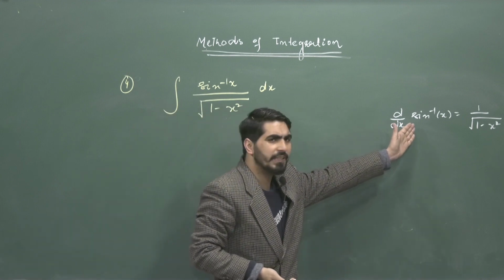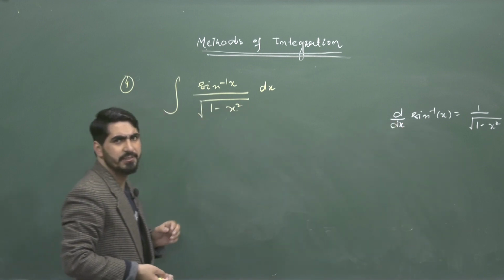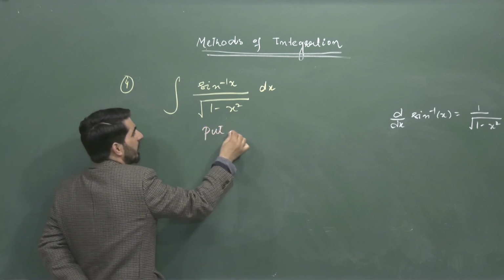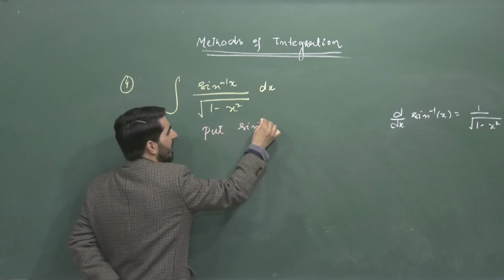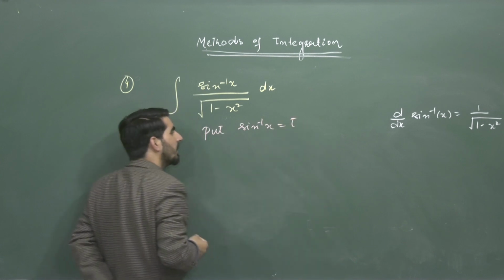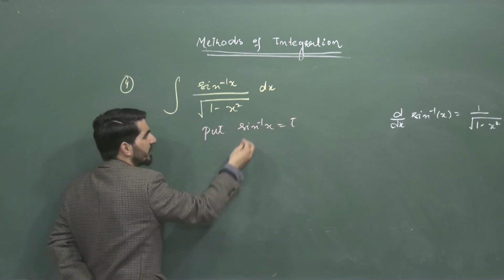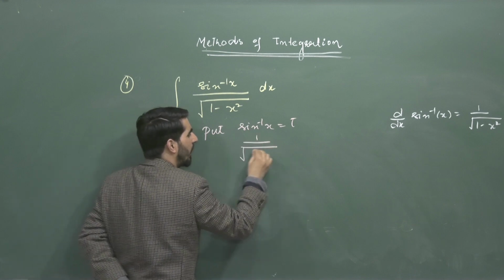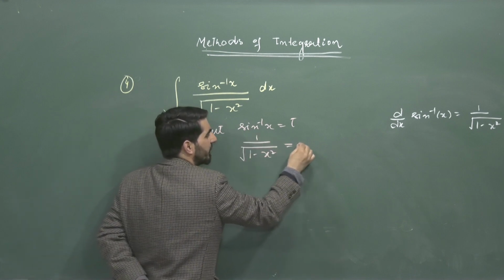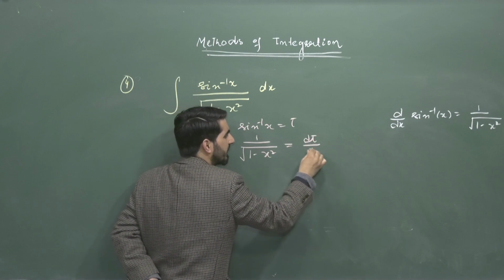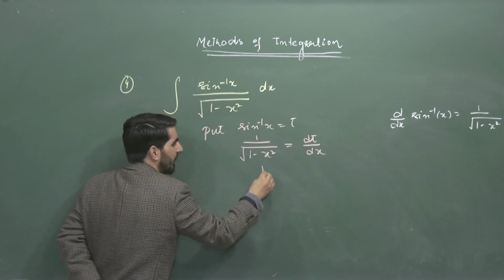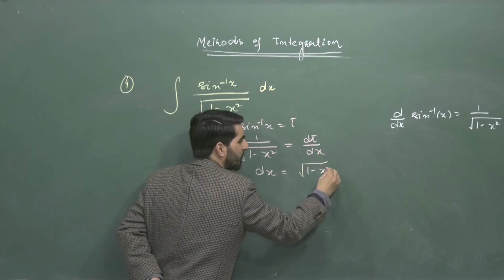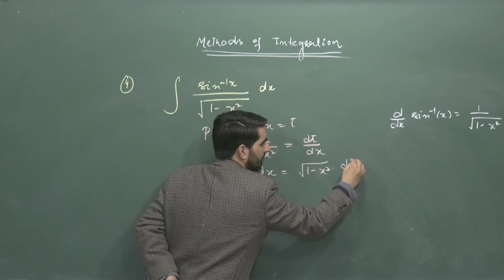So we will put sin inverse of x is equal to t. The differentiation of sin inverse of x is 1 divided by square root of 1 minus x square, that is equal to dt by dx, and dx will be square root of 1 minus x square into dt.